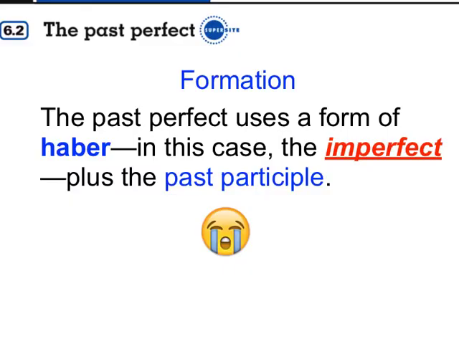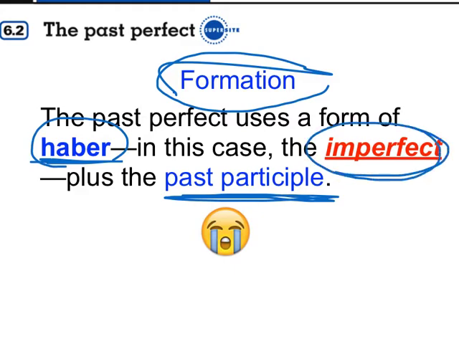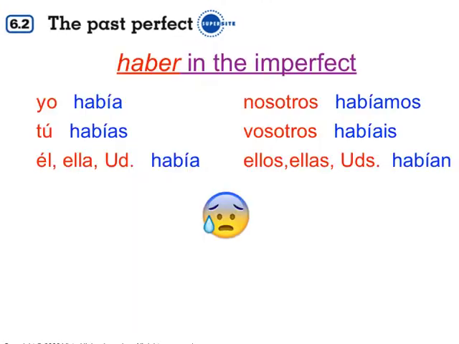So the formation of the past perfect indicative is just like the present perfect indicative. You will use a form of haber plus our old friend, the past participle. But this time, haber will be in the imperfect. And let's take a look at this formation.